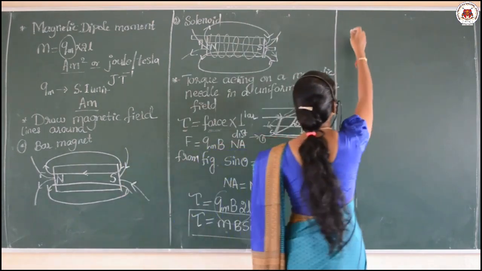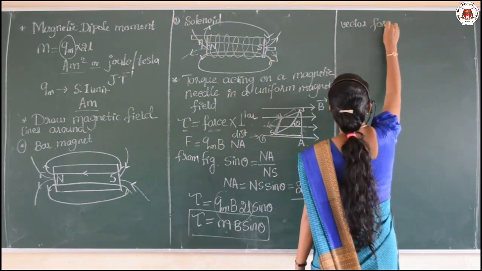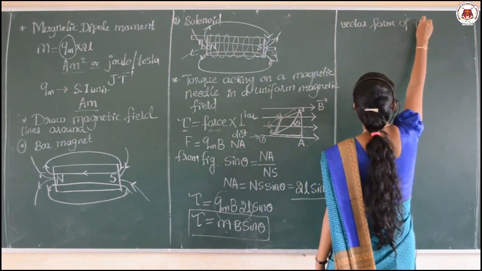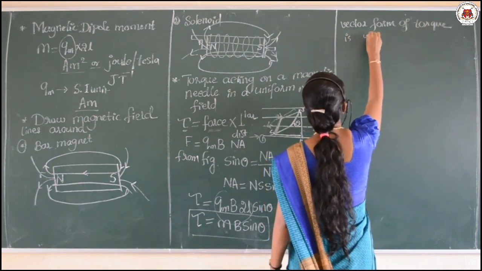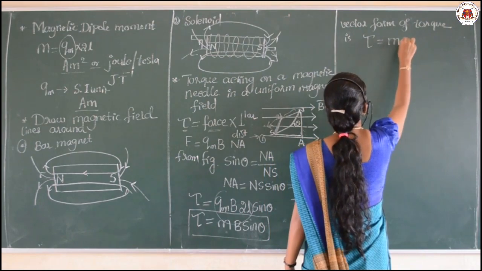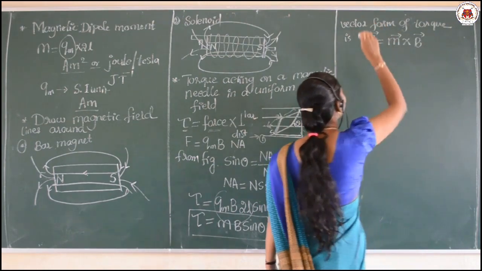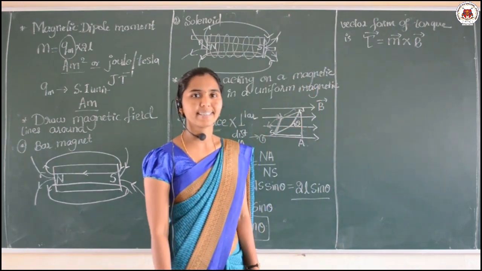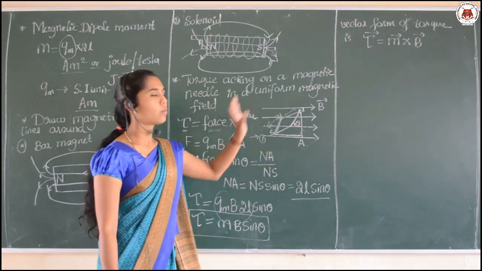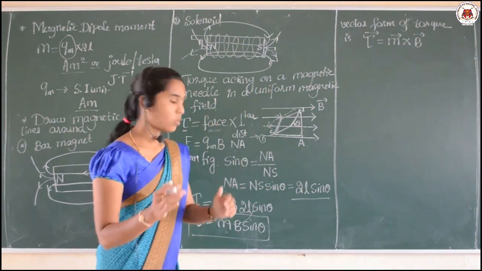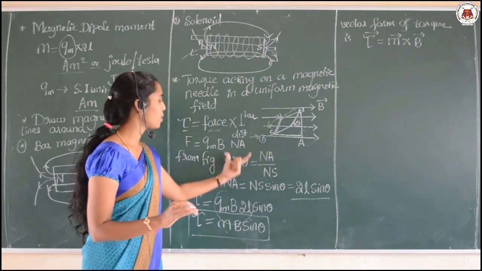The vector form of torque is tau is equal to m cross B. Remember, here there should be the vector notation. Am I clear? I hope you understood the expression. What I told, you have only this much in your NCERT, but how that came you should follow.